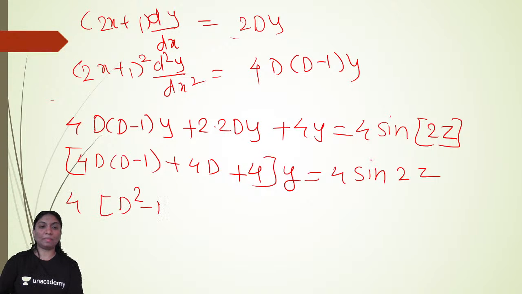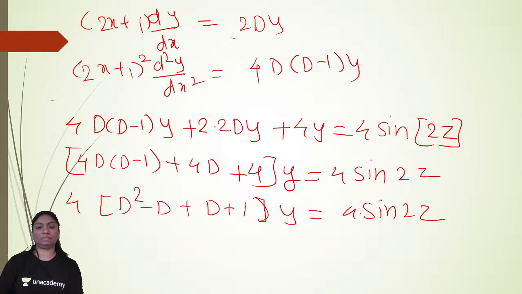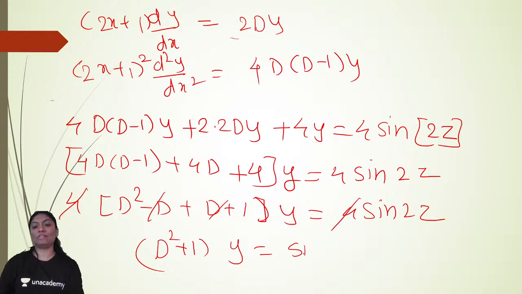So D square minus D plus D plus 1 of y is equal to sine 2z, as the 4s cancel out, and minus D and plus D cancel out. So you will get D square plus 1 of y is equal to sine 2z. Now observe how simple this differential equation becomes.